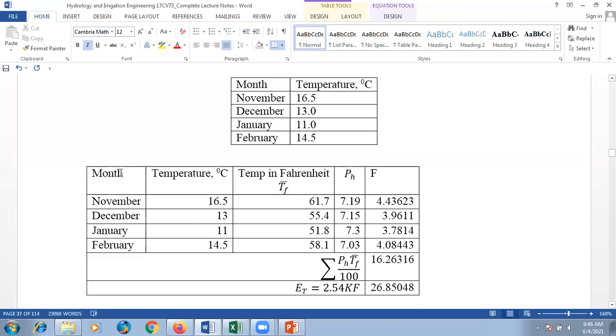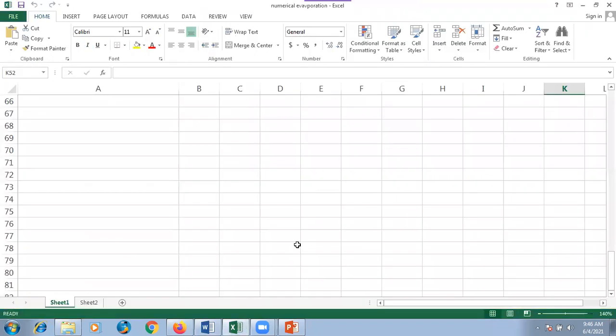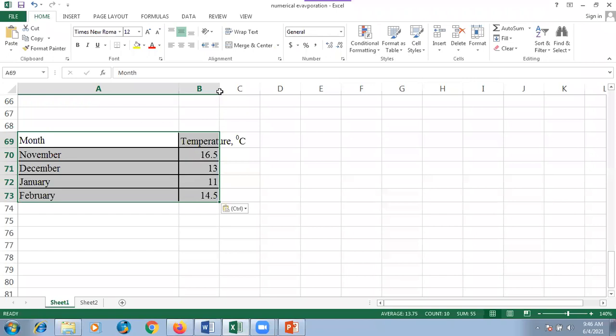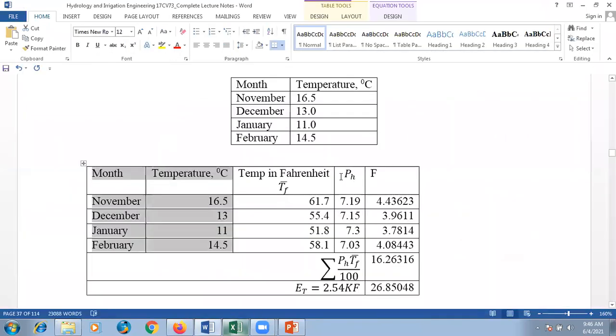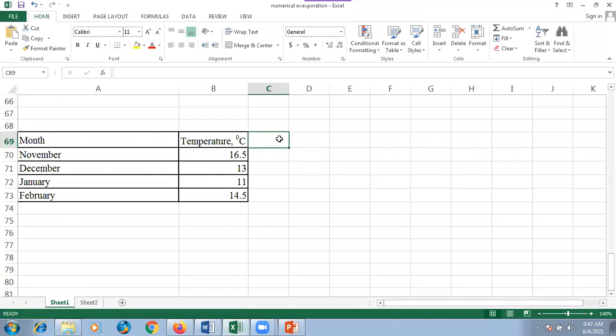How are you going to do that? Let me copy these details to Excel. In the exam anyway, you will use a calculator for the purpose. So I have the month, temperature, and another data which is provided for us, daytime sunshine hours.